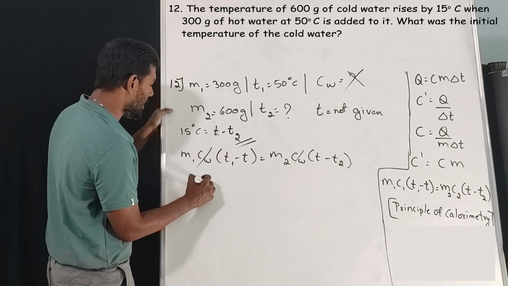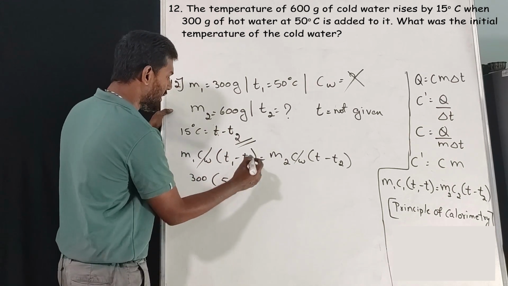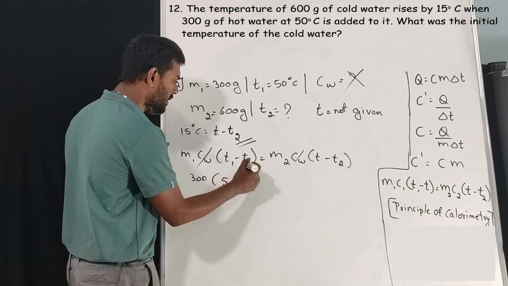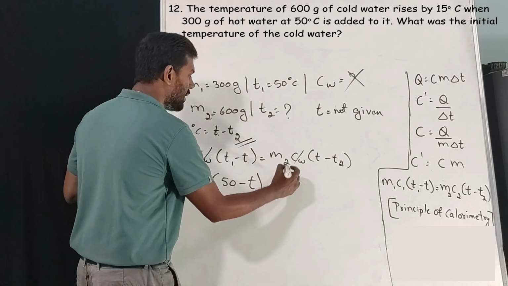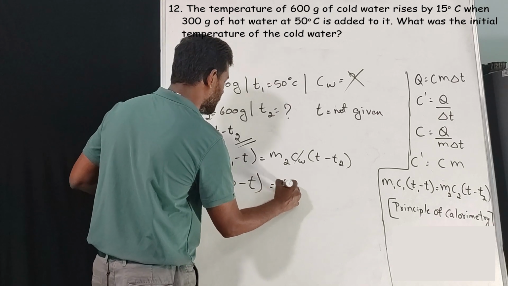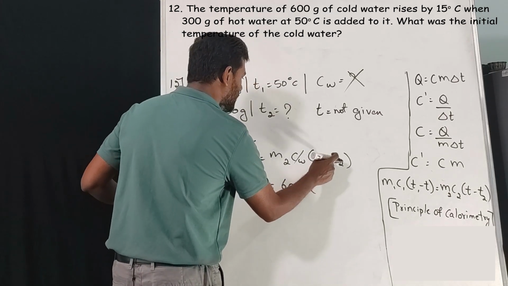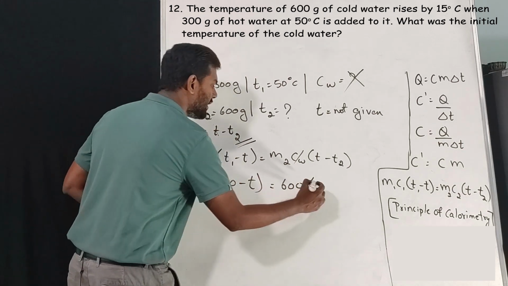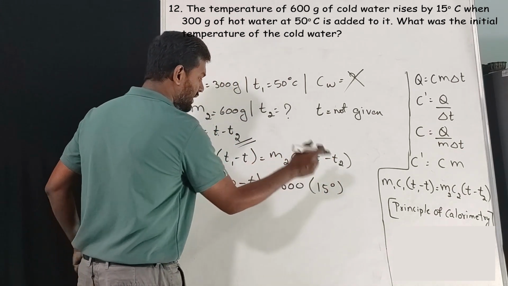Now we'll substitute the values. M1 is 300 grams into T1, that is 50 minus T. The final temperature is not given, that is what we are going to find, using that we are going to find this. M2 is 600, into T minus T2, which we found is 15 degrees, and I explained why we have taken this as 15 degrees.